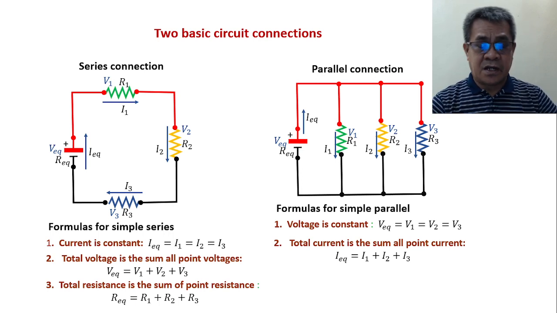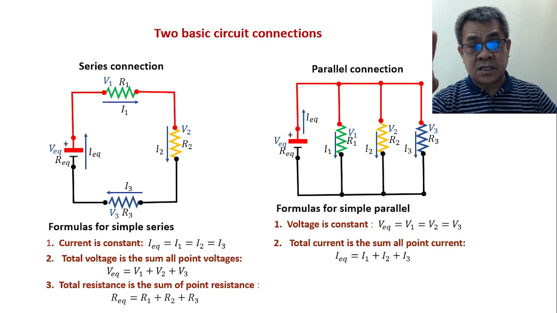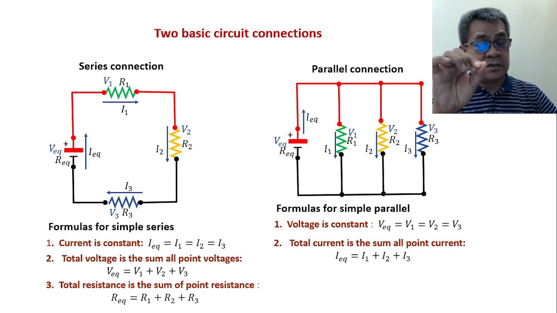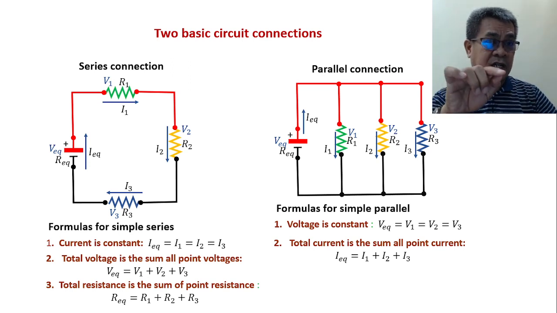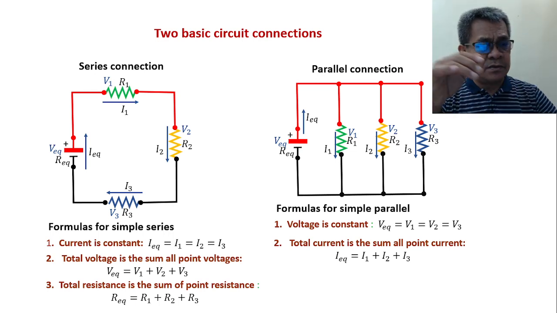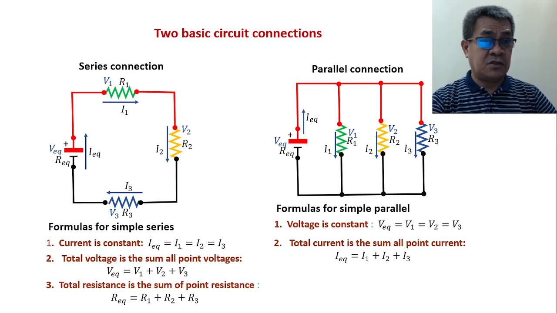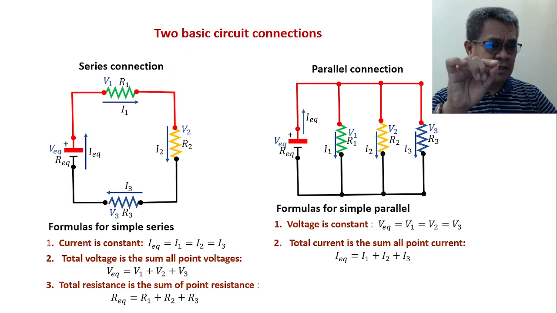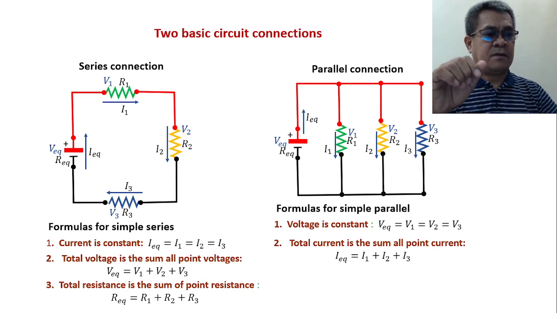And remember that the formula for Ohm's law is applicable only for a point in the circuit, which means use the voltage at that point, the current at that point, and the resistance at that point also. You cannot jump from R1 to R2, V1 to V2, using Ohm's law. You have to use Ohm's law at that instant, at a point in the circuit.